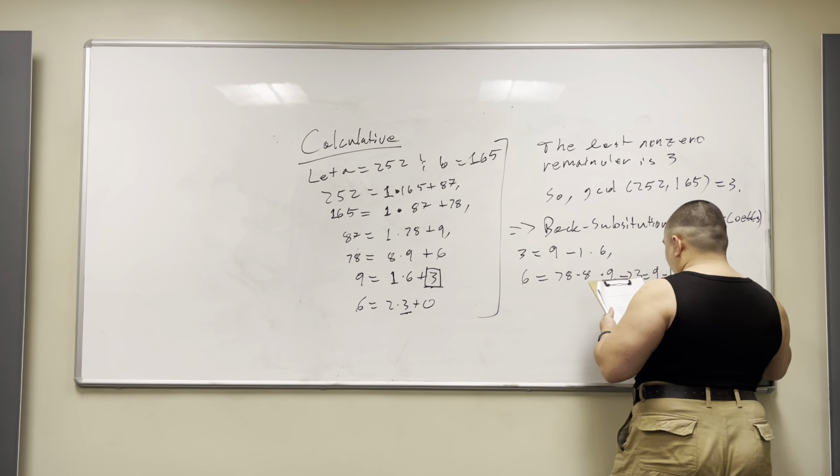And from this, we have 9 is equal to 87 minus 1 times 78, which implies that 3 is equal to 87 minus 78 times 9 minus 1 times 78, and we'll just keep doing this. What we eventually find, if we do this iterative process of back substitution, is that 3 is equal to 252 times x plus 165 times y. Clever. Very clever.